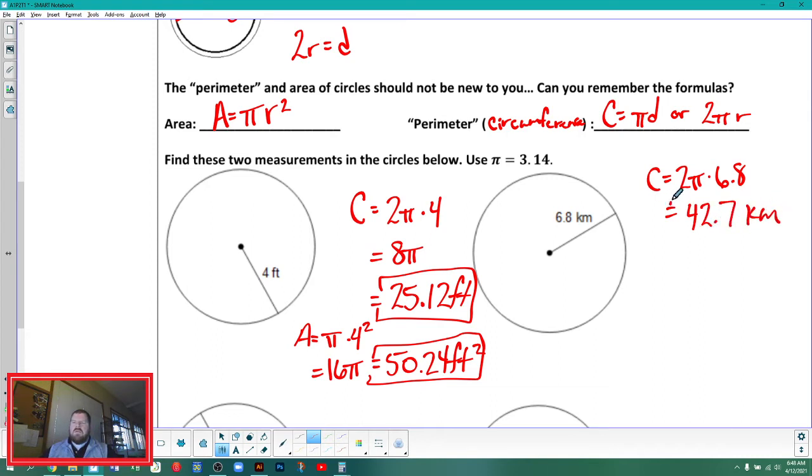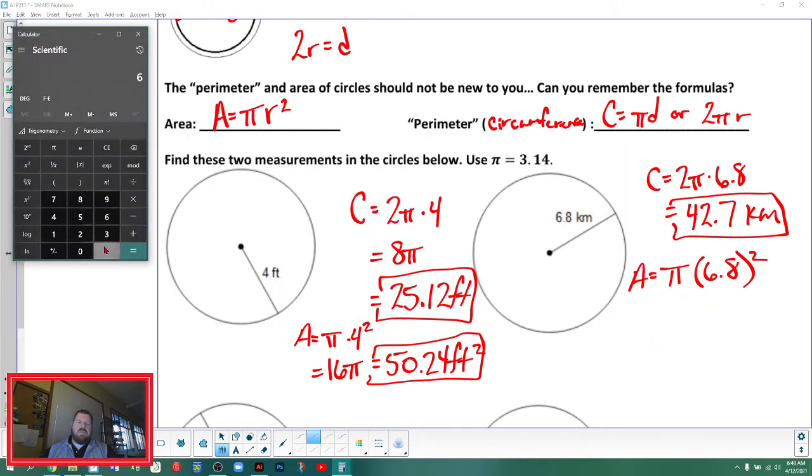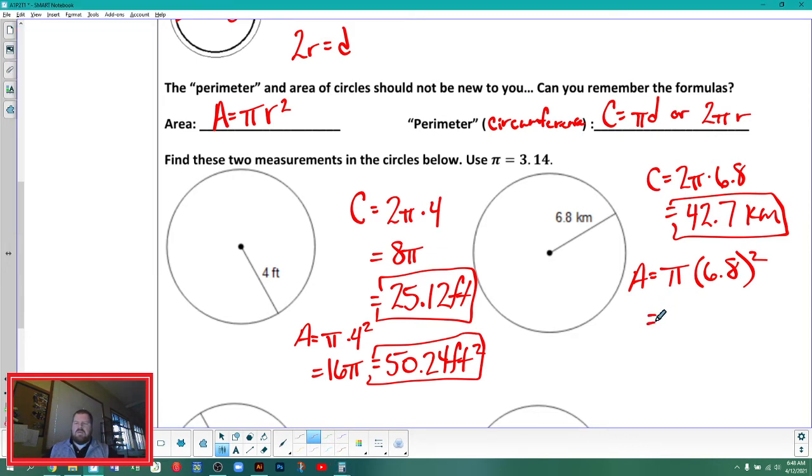Kilometers. For the area, taking pi and squaring the radius, 6.8 squared. So I want 6.8 times 6.8 times 3.14. And we get 145 point, let's say 2.